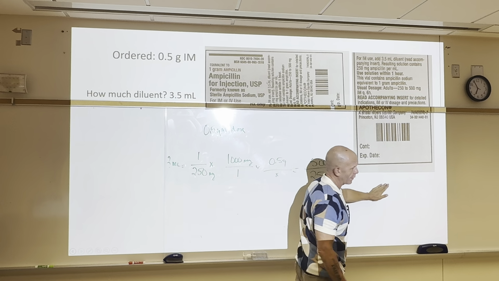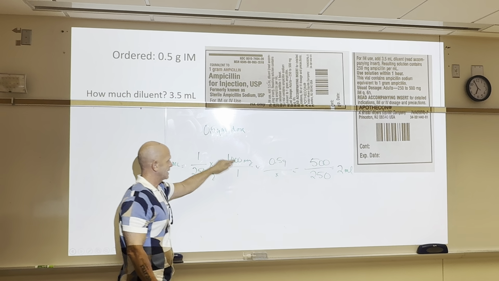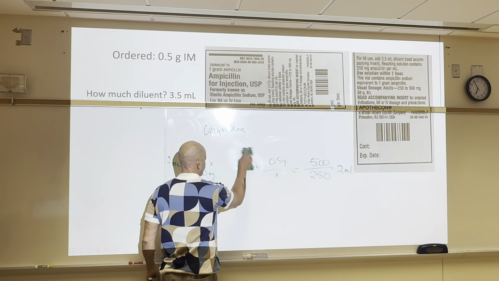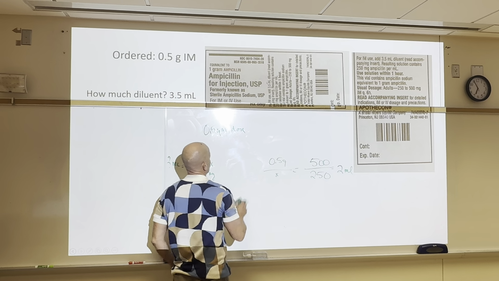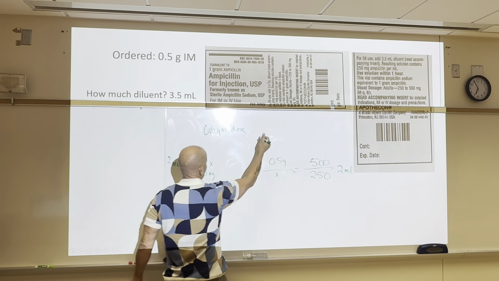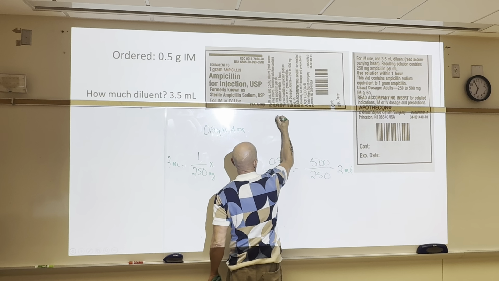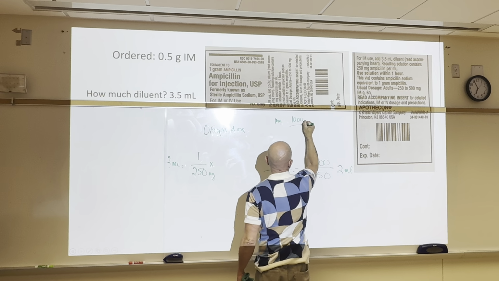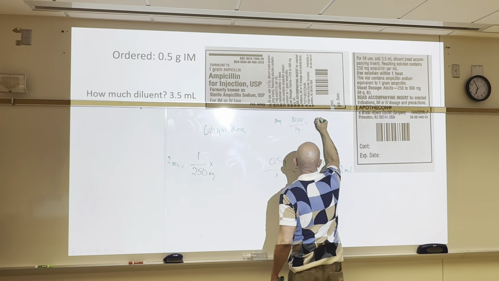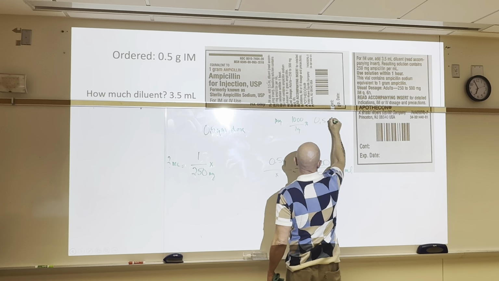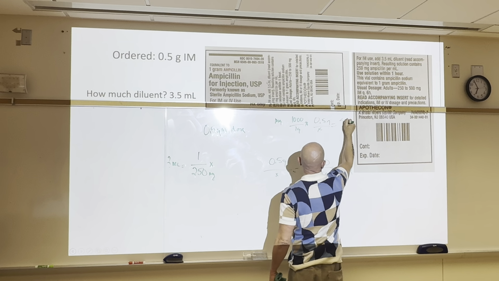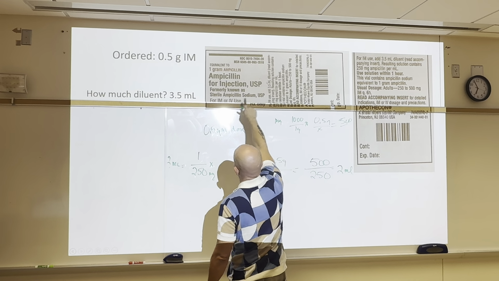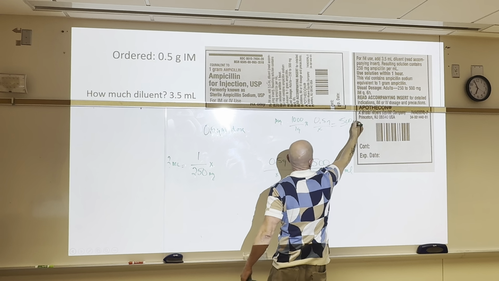This is putting your conversion of the grams to milligrams inside the equation. If you want to do it the other way, and I will give you credit, you would go up here and do 0.5, or you're looking for milligrams, right? So you do 1,000 milligrams equals 1 gram, and you got 0.5 grams over X. That gives you 500. That's your total dose right now. That's what this is equivalent to. That's your dose, 500 milligrams.